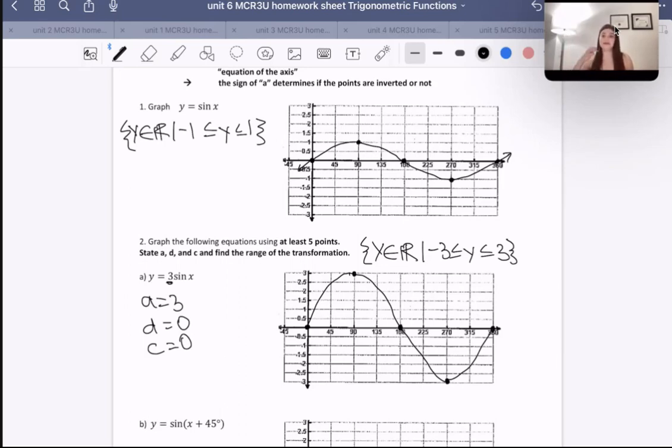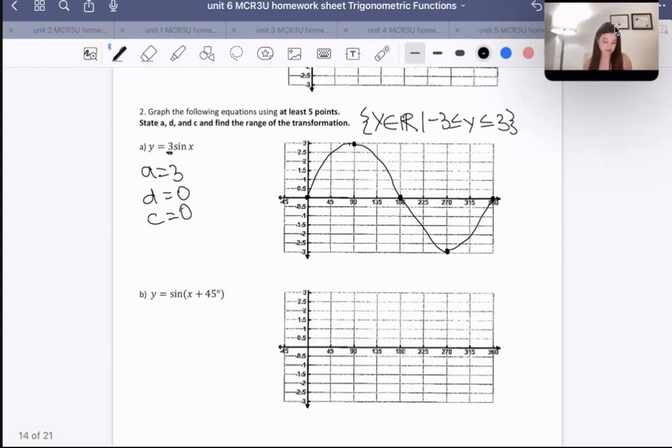If the midline goes up or down, our range is changing, and the amplitude changes it as well. So 2 out of those 3 things we talked about do impact the range. The range can change depending on our transformations, whereas there's no transformation that would actually change the domain. That just wouldn't happen.